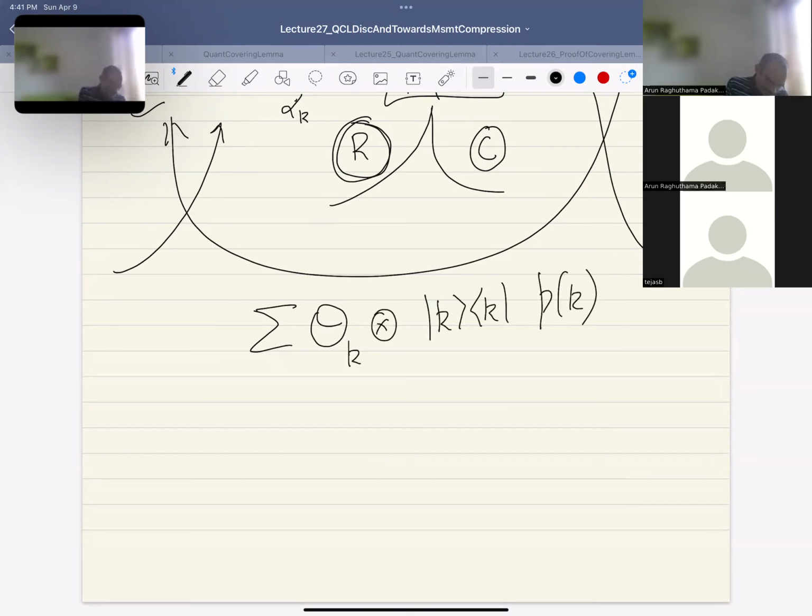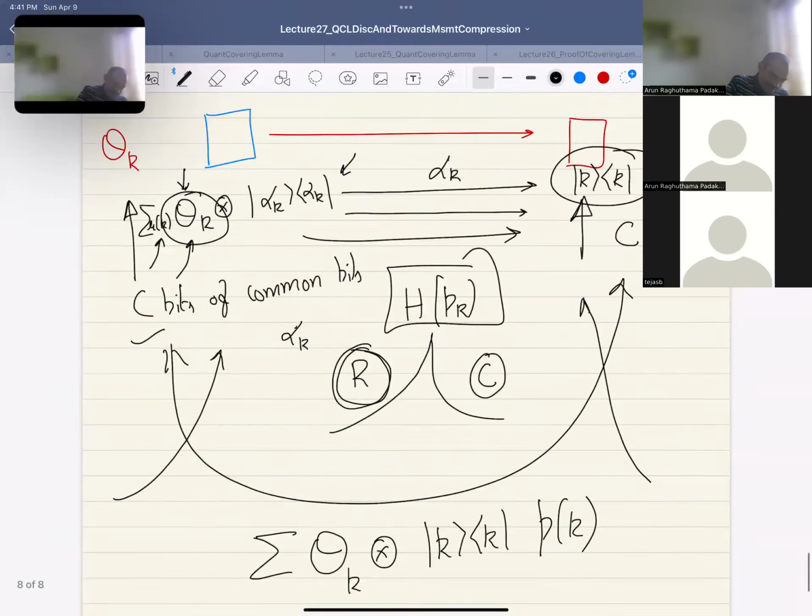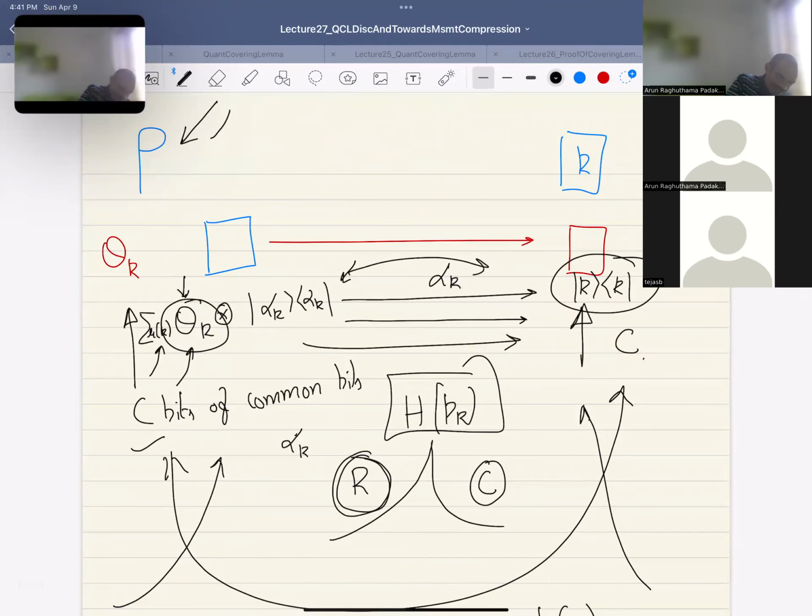Then are you happy? If I ensure this, then all that Alice conveys to Bob is r bits, not h of pk number of bits. So the information content of the outcome is not h of pk, it is r, because the rest of the C is completely useless random noise coming from outside.